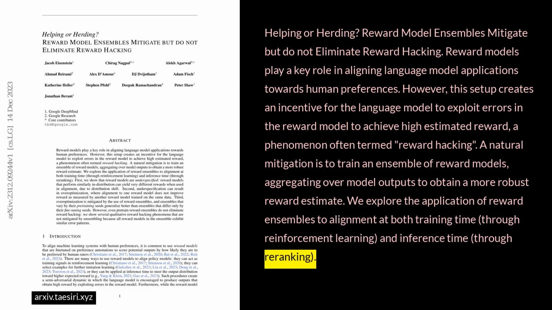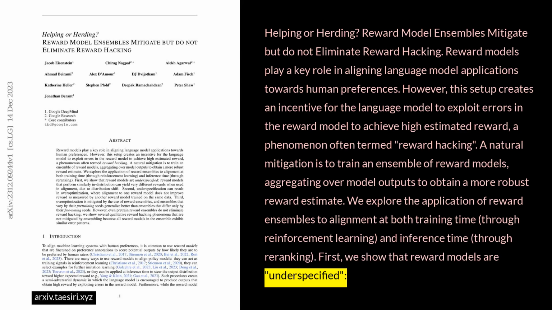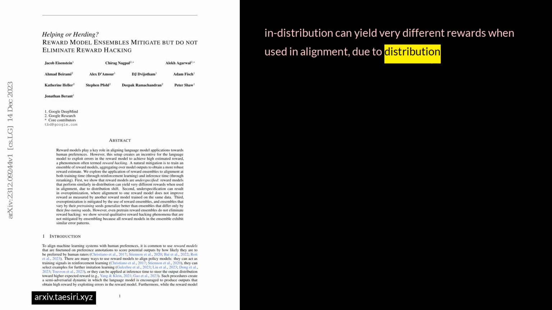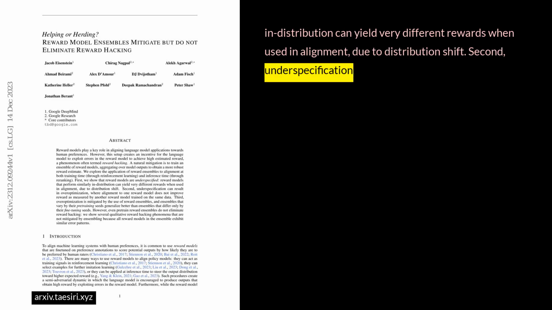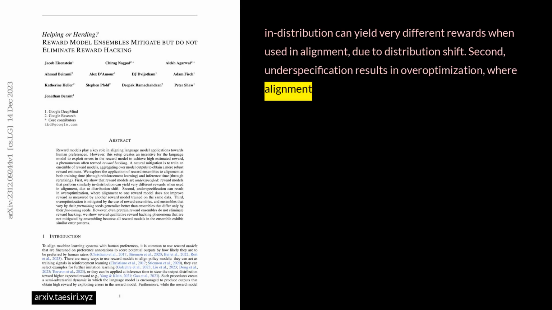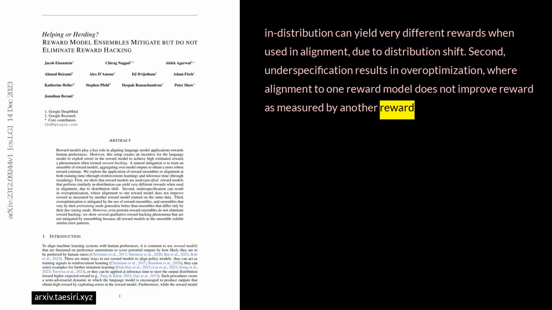time through re-ranking. First, we show that reward models are underspecified. Reward models that perform similarly in distribution can yield very different rewards when used in alignment due to distribution shift. Second, underspecification results in over-optimization, where alignment to one reward model does not improve reward as measured by another reward model trained on the same data.